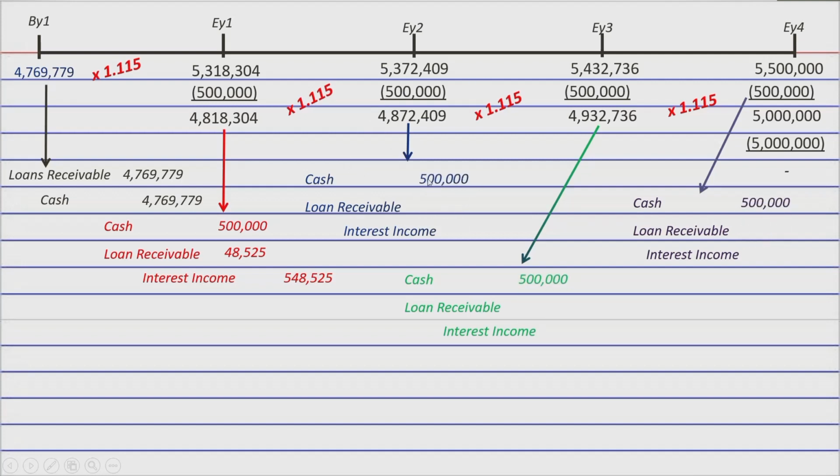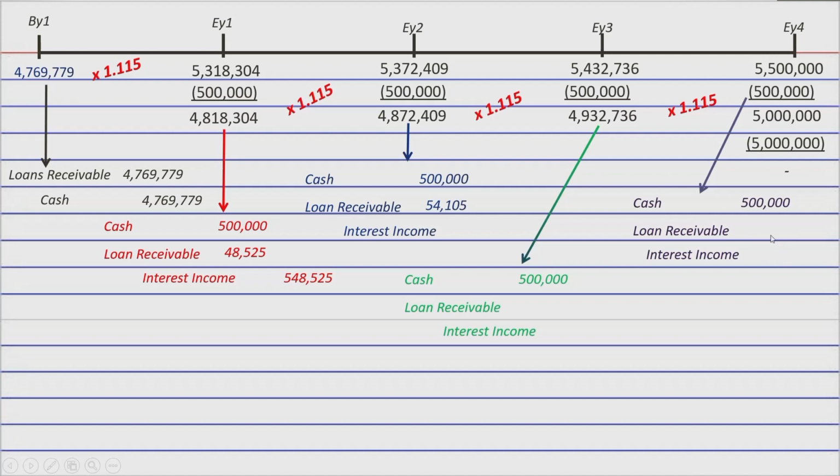And since the interest to be received are the same, then debit cash for all the years is also the same, which is 500,000. Now, for the debit loans receivable for the year 2, you just have to compare these two and get the difference. So that's 54,105. And for the third year, that's 4,032,736 minus 4,872,409.